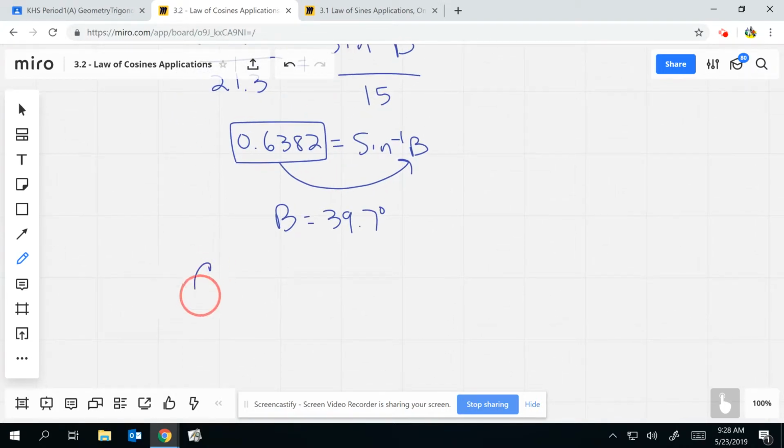So angle C is 180 minus angle A, which is 115, minus angle B, which is 39.7. So 180 minus 115 minus 39.7, 25.3 degrees. So you found all the pieces, all the pieces that were missing. That's what solving the triangle is.